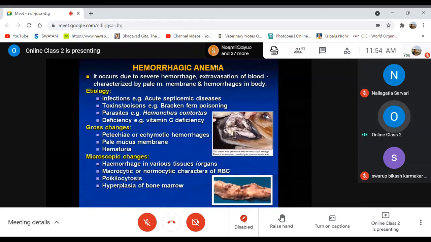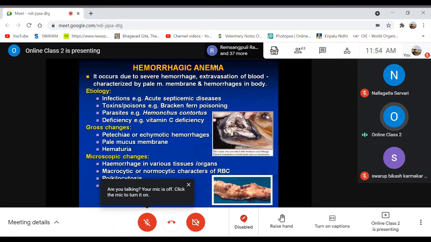Some particular bracken fern, one type of fern, contains some toxic material after consumption. Okay, and that may cause severe hemorrhages in the urinary bladder. Excessive blood loss used to occur in those animals, particularly when they have eaten bracken fern, because of that poisoning, right?